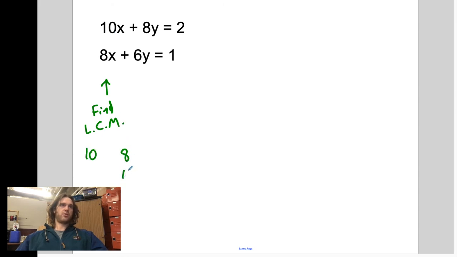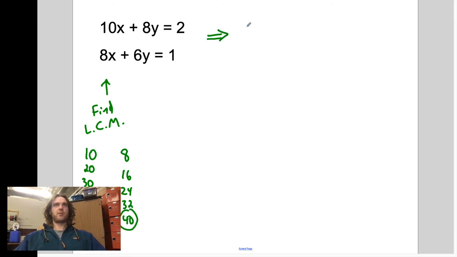And the way that you do that is you write out the multiples of each number until you find the first number that's in both lists. An easy way to do that is work up the bigger number's list, and find the first number that's divisible by the smaller number. And of course, if I continue, 40 will be our least common multiple.